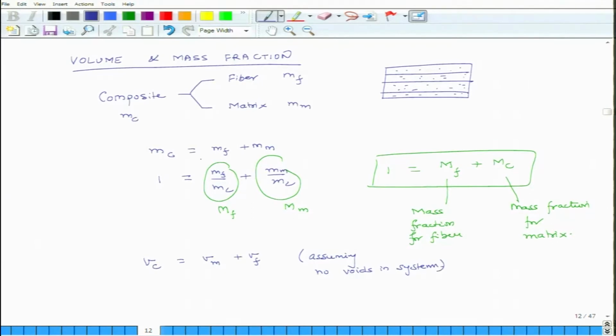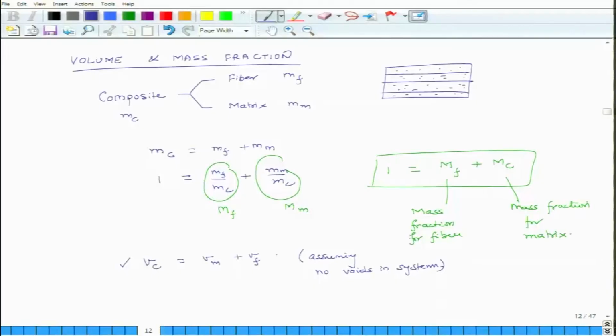See, in case of mass, even if there were voids, what would be in those voids? Air. So, the weight is almost 0, and we can ignore that. But in volume, we cannot ignore the volume of the voids. So, if there are no voids in the system, then this relation is okay. If there are voids, then I have to add also Va.